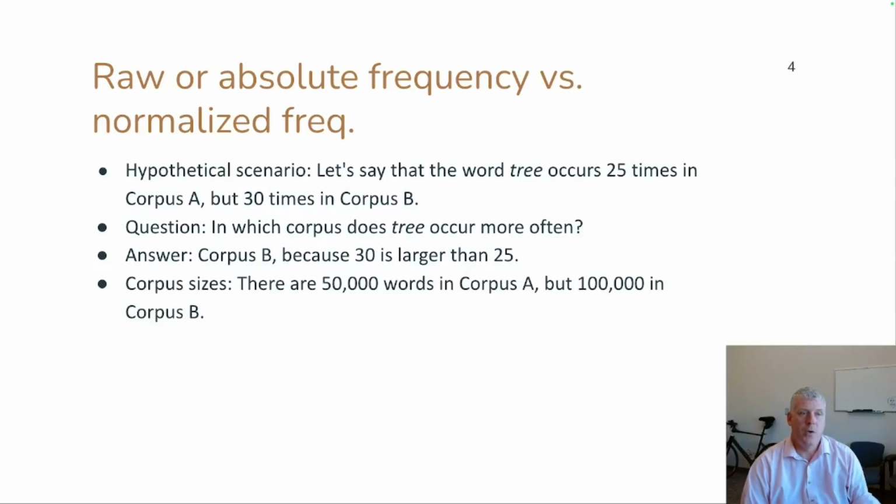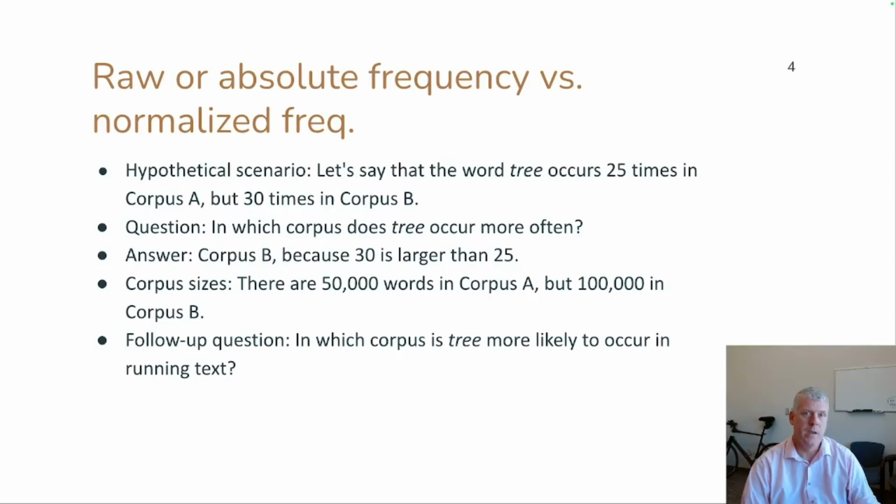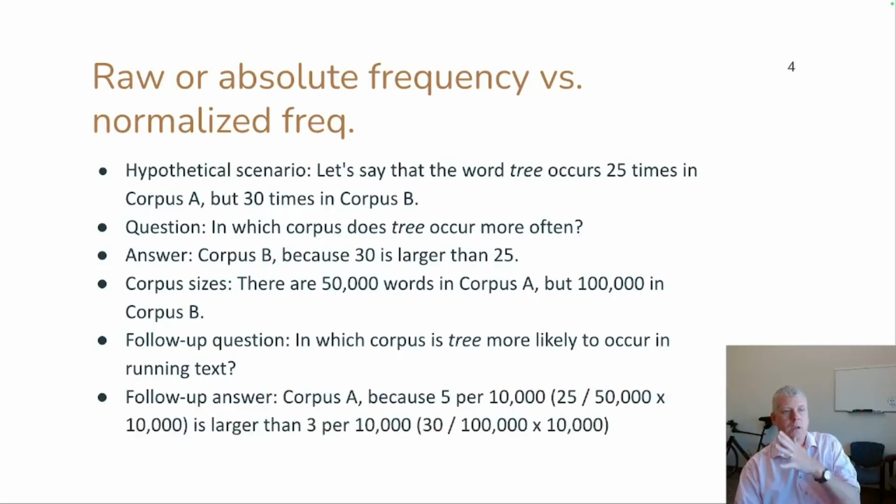But let's say we have corpus sizes of 50,000 words for corpus A, but 100,000 words for corpus B. Okay, my follow-up question is, in which corpus is tree more likely to occur in running text, as you're just reading text in this corpus? Well, clearly 5 is greater than 3. And therefore, you're more likely to encounter tree in corpus A than corpus B. How so?